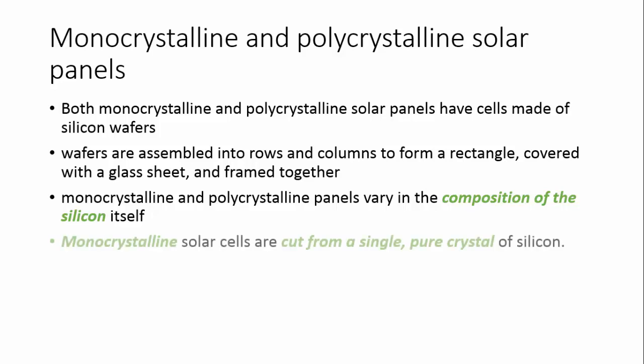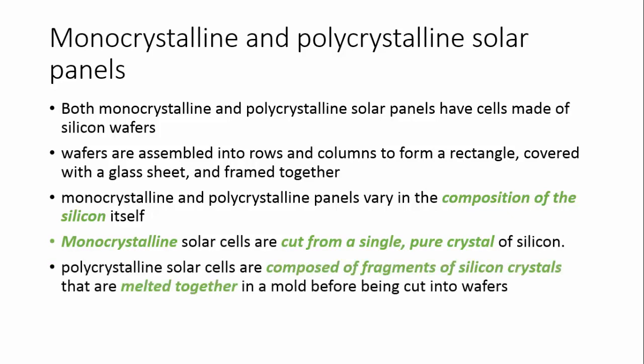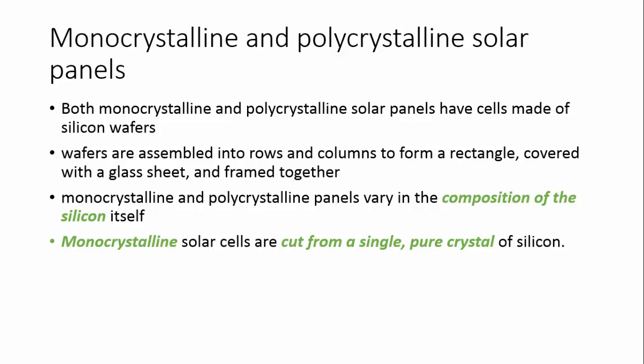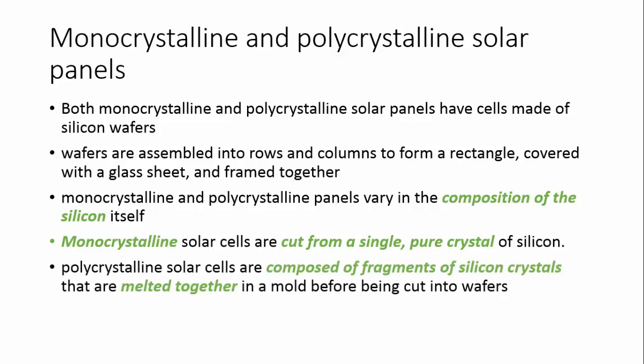In monocrystalline and polycrystalline panels, we can see a difference in terms of the composition of the silicon itself. Monocrystalline solar panels are cut from a single pure crystal of silicon, whereas polycrystalline solar cells are composed of fragments of silicon crystals, which are melted together and then molded and cut into wafers.